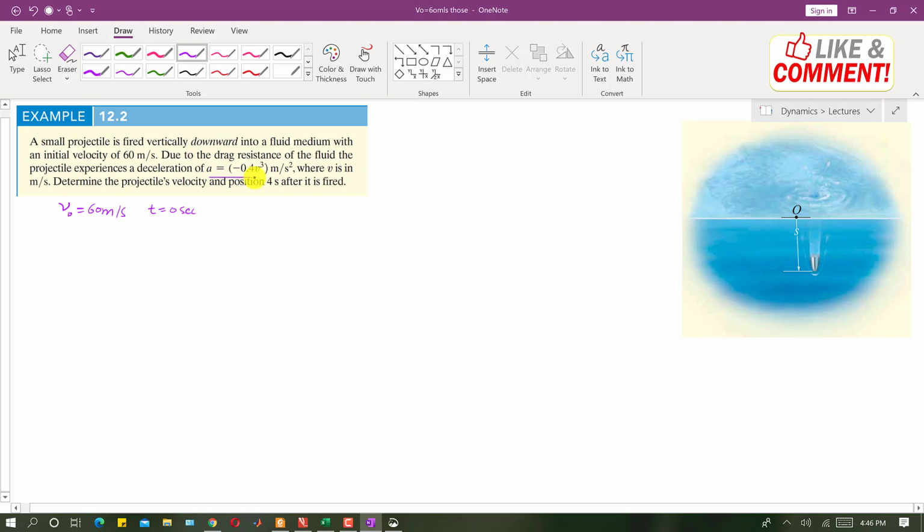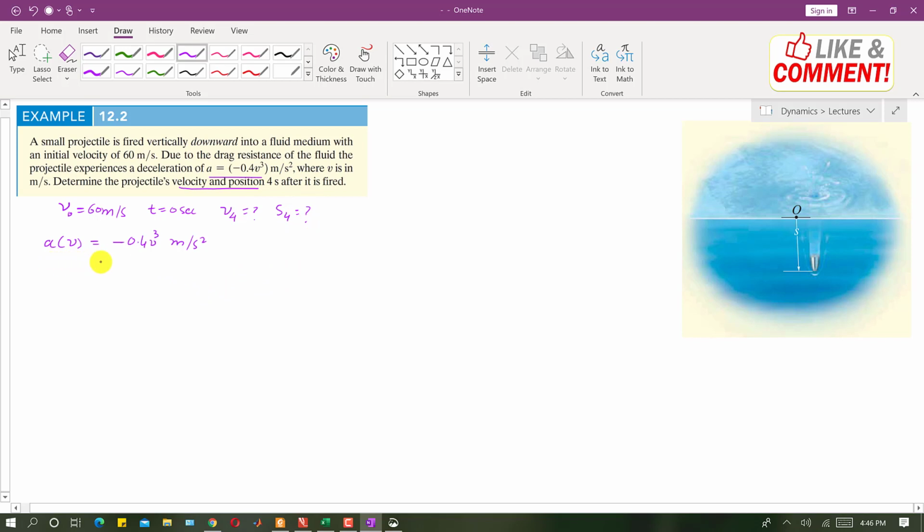So, we are given acceleration as a function of velocity, which is equal to minus 0.4 v cube, and this is in meter per second square. And it is said to determine the projectile velocity and position after 4 seconds, right. So, we have to find the velocity at 4 seconds and the position after 4 seconds.